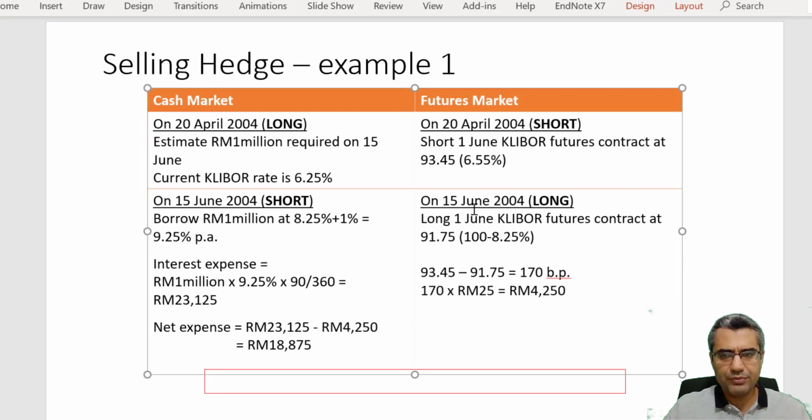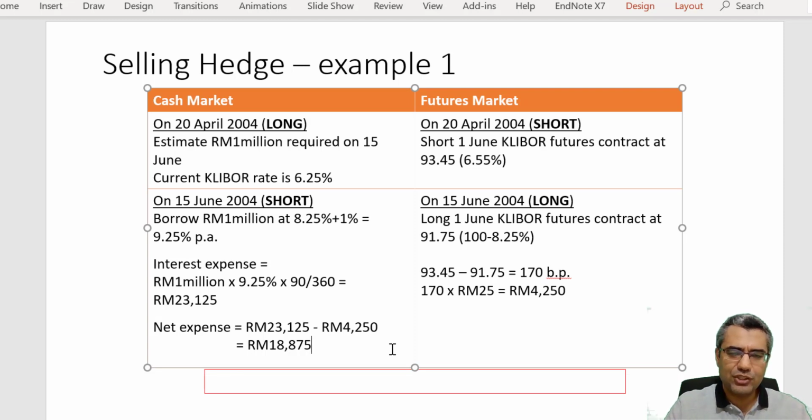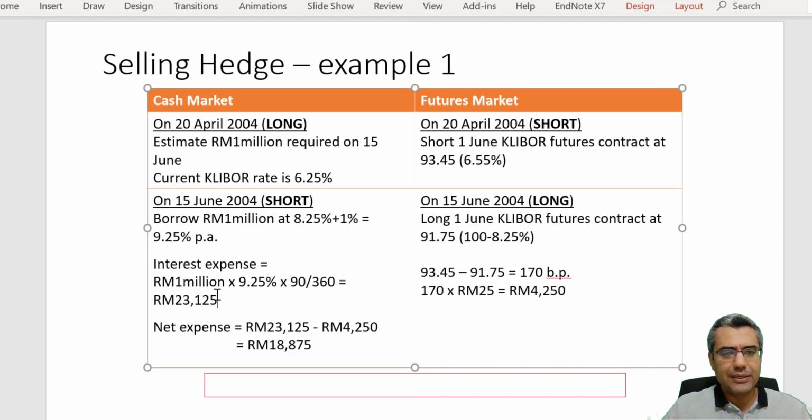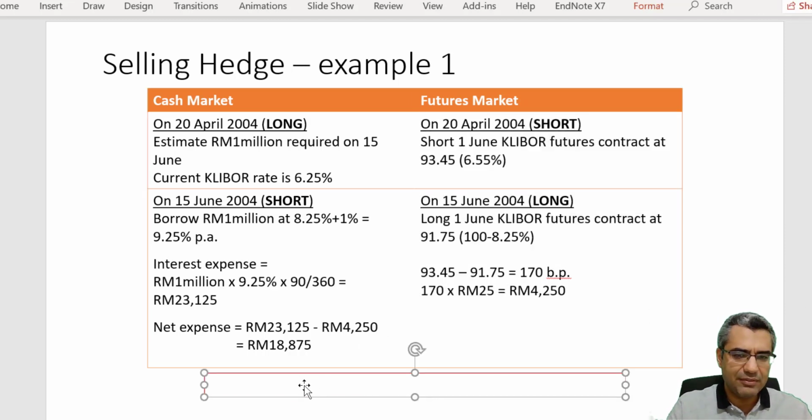Because you have some profit from the futures contract. It means the net cash outflow, the net expense is your interest that you have to consider on borrowing, and then you have some money also coming in, which is the gain that you have from using the futures contract.